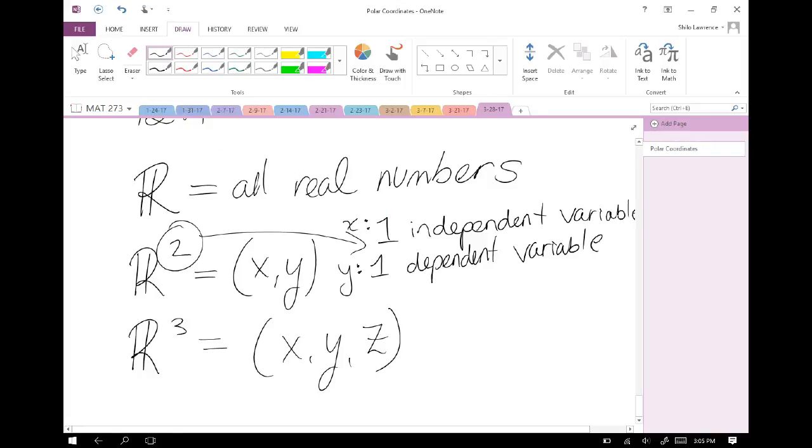In R3, which contains x, y, and z, there's only one dependent variable ever, and that's the z. Which leaves the other two, x and y, as independent variables.